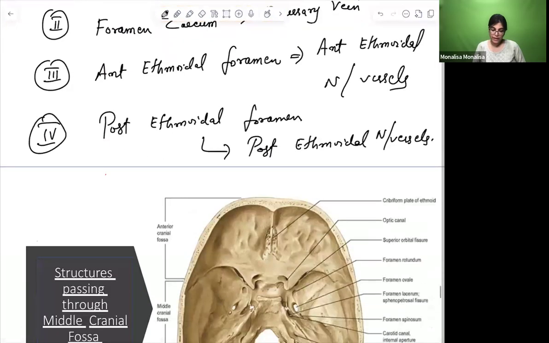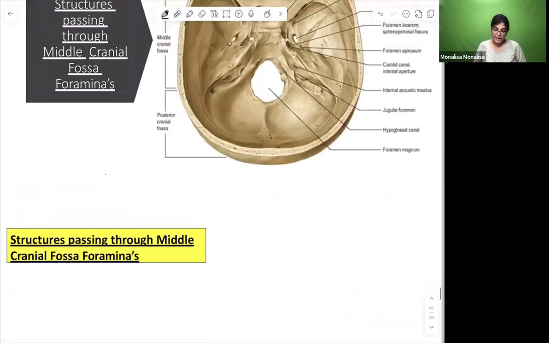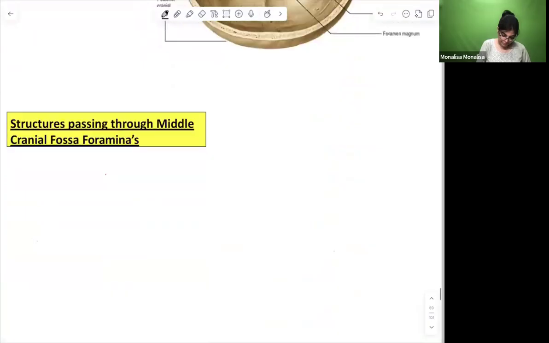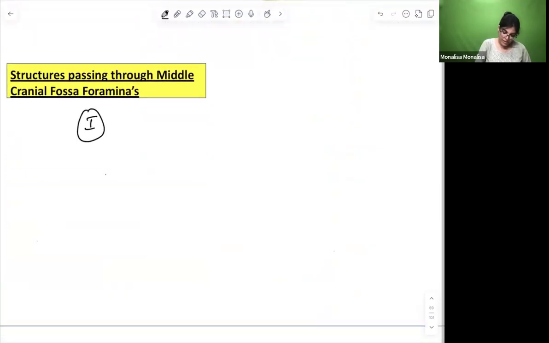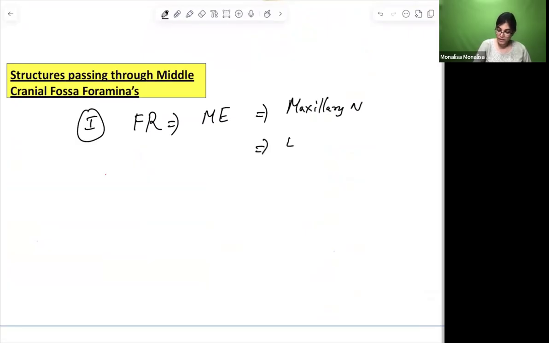Very good. Now, structures passing through the middle cranial fossa foramina. Foramen rotundum: what passes? The maxillary nerve and emissary vein. What passes through foramen ovale?